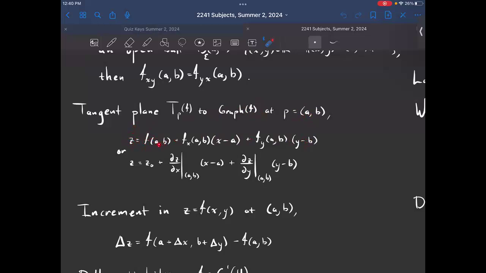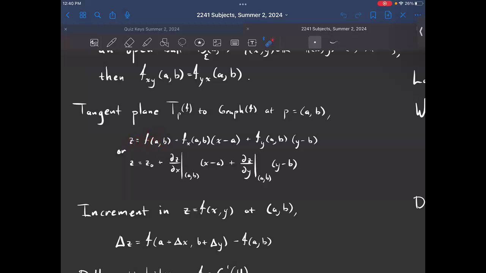This just places our tangent plane at the right spot, plus the x derivative at the same point times x minus a, plus the y derivative at the same point times y minus b. So the x minus a and y minus b shift our plane to the right spot, left and right, and or along x, y. And then this f(a, b) shifts our plane to the correct spot along the z-axis.